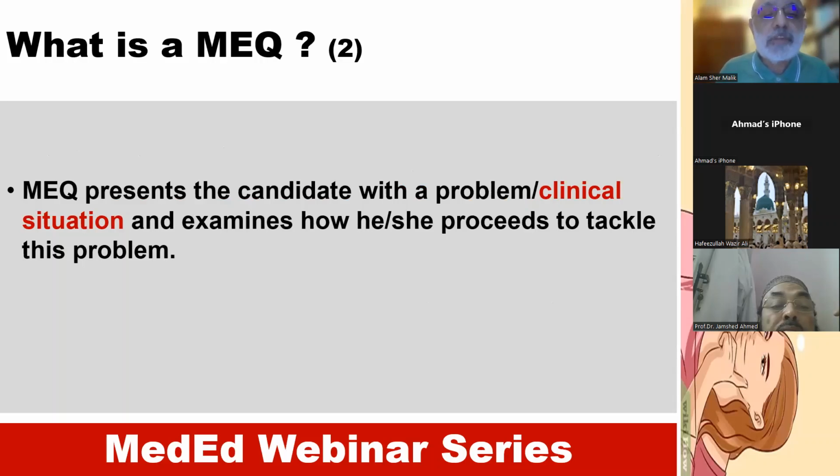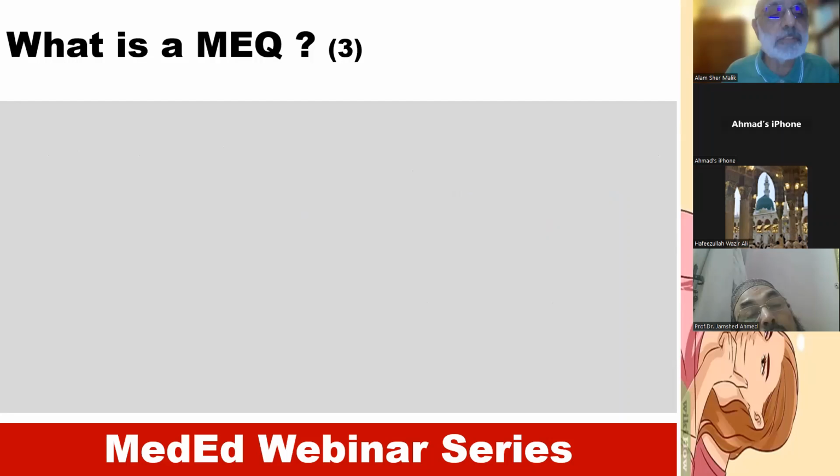Modified essay question presents the candidate with a problem or a clinical situation and examines how he or she proceeds to tackle this problem. That is the basic concept of modified essay question.